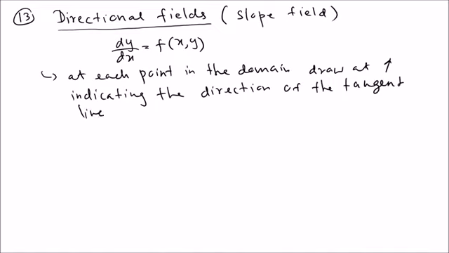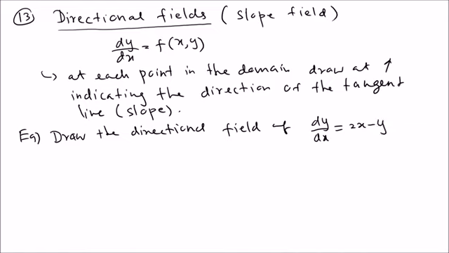So we can look at a problem. Let's say, draw the directional field of dy over dx equals 2x minus y.